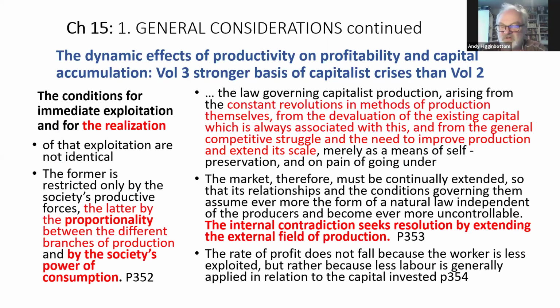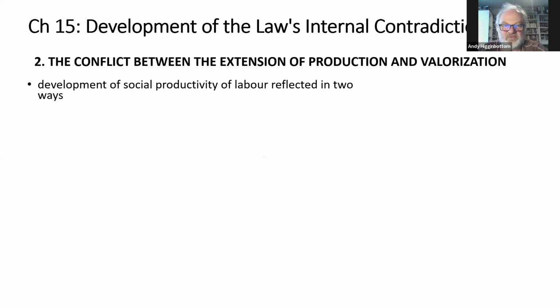He says, yeah, the workers are badly paid, right? And in a class society, that's a lack of demand. But that is not the driver of crisis. It's the tendency, as capital accumulates, for the rate of profit to fall. And it seeks to expand its markets. It seeks to find new markets. And these are all true. But what we've got now, as distinct from volume two, is a sense of the determinacy of the process based on rising organic composition and falling rate of profit.